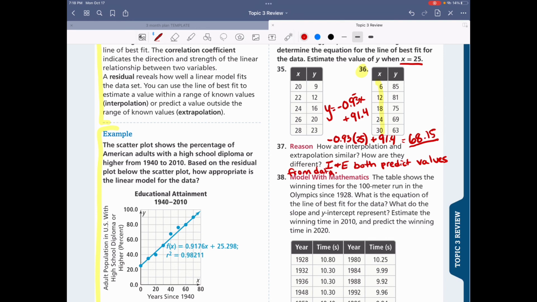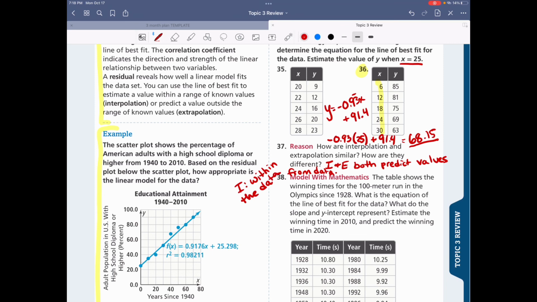Interpolation is predicting within the data, and extrapolation is outside of the data. So I for interpolation is within or inside the data.